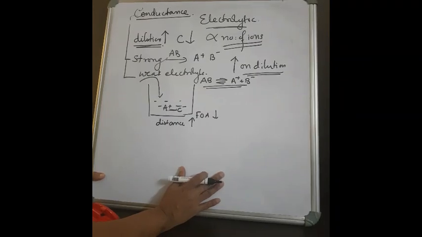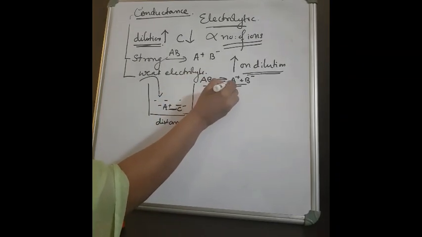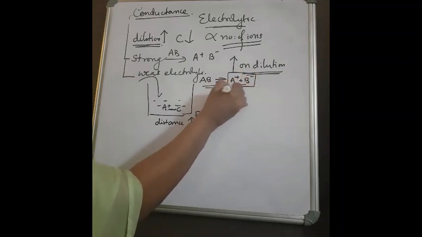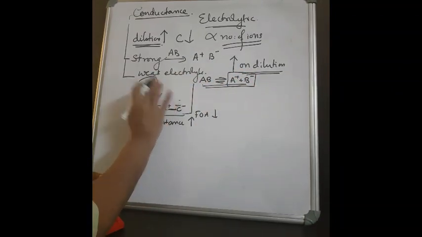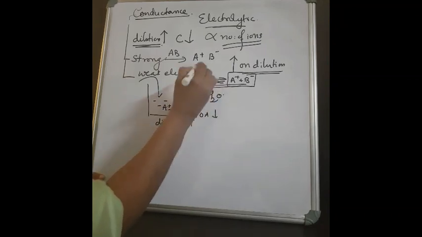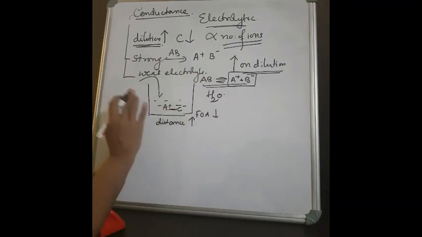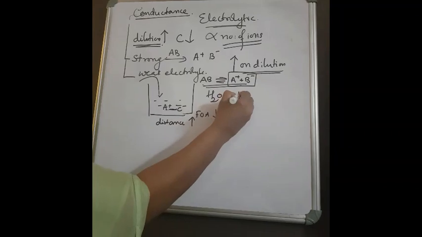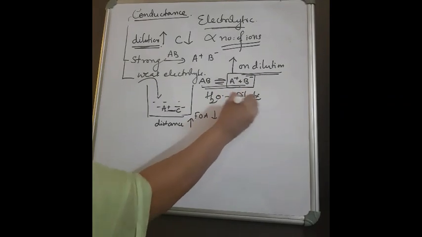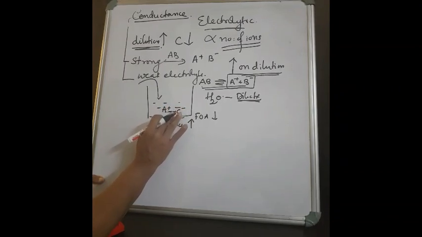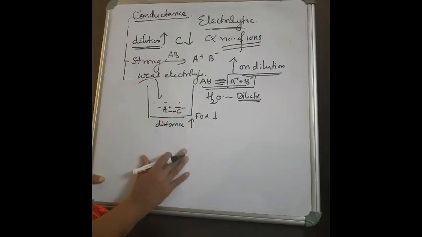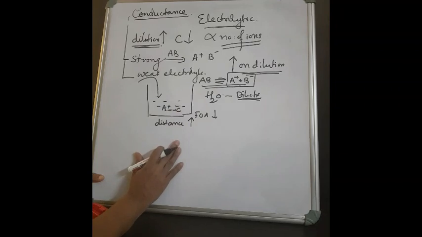Now, if I talk about the chemistry of this dilution, how are more and more ions obtained from a weak electrolyte? If you are adding water, what will water do? Water has a high dielectric constant, you know. Being highly dielectric, it makes the force of attraction weaker. That is the role of water or any solvent.